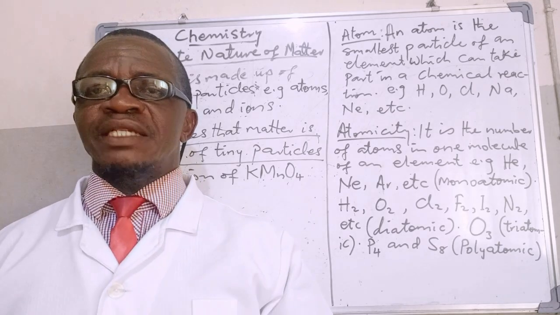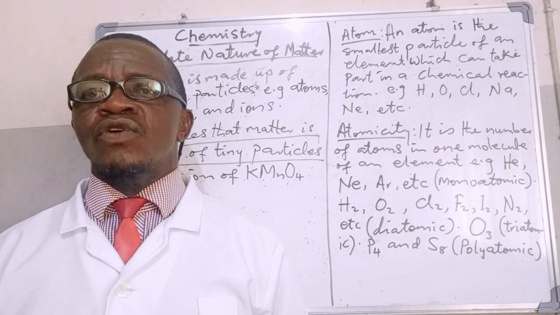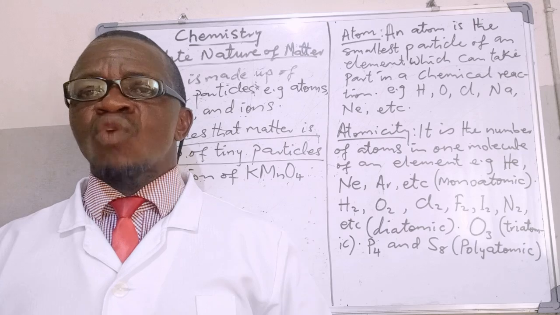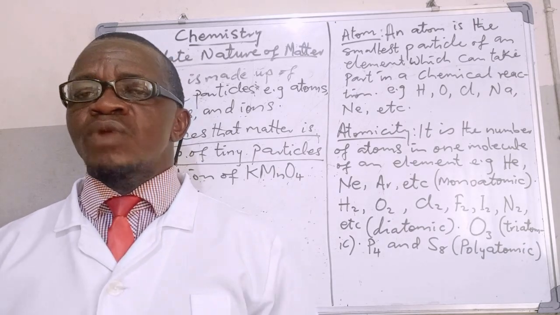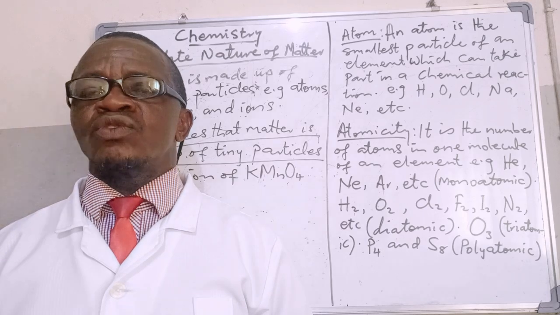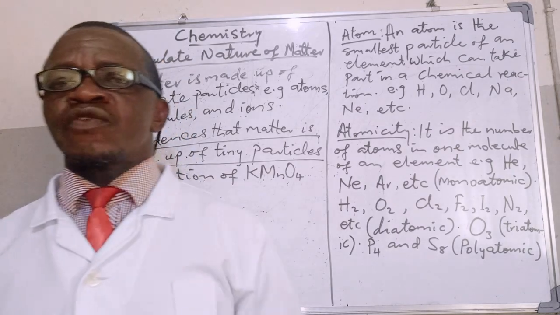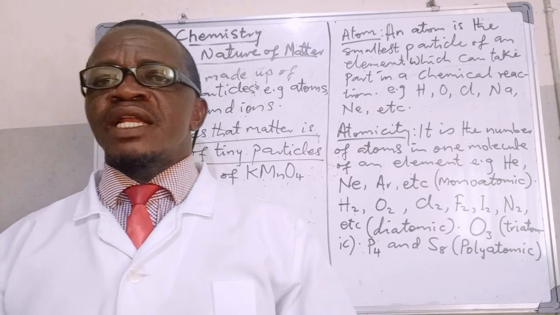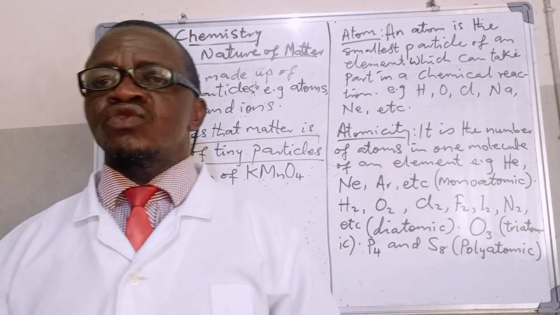You now can see that the purple color of the KMnO4 salt will circulate all around every corner of that solution. You now have one color of the solution. How does it work? The KMnO4 is made up of tiny particles. Water is also made up of tiny particles.